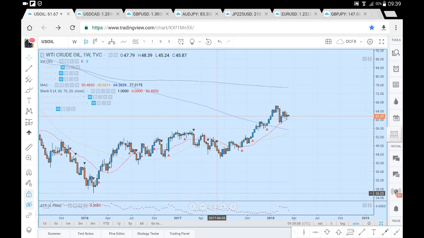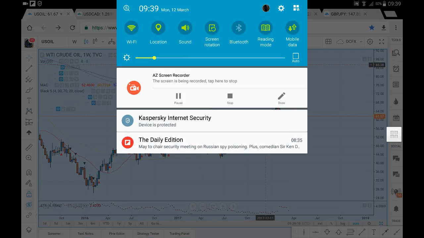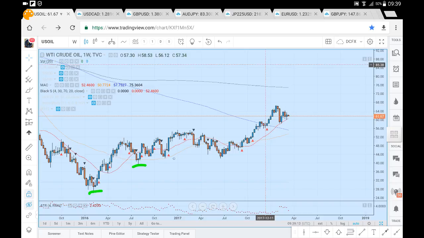Over to the weekly time frame we head, and as we can see here, we've posted a series of higher lows, went into a bit of consolidation, posting another series of higher lows, breaking to the upside, heading up towards the 200 period moving average, and at this 200 period moving average, a brief pullback before we've seen further bullish buy side momentum come back into the market.